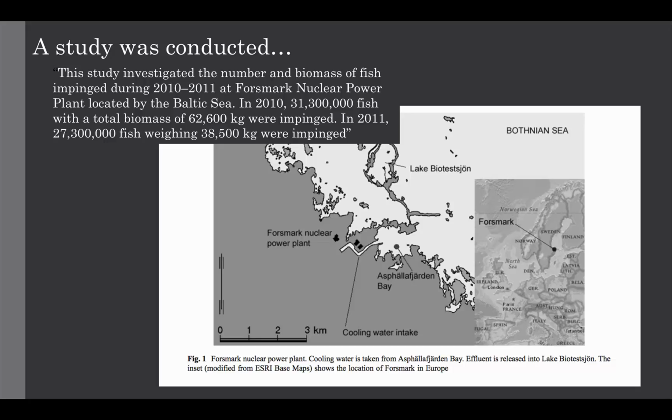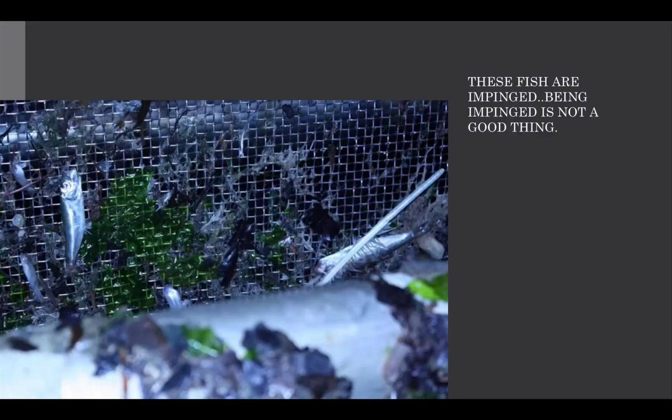And essentially, they concluded that there are a lot of fish being impinged, and the article also offered a potential solution to the issue. But these are fish that are impinged, and clearly not a positive or a comfortable experience for them.